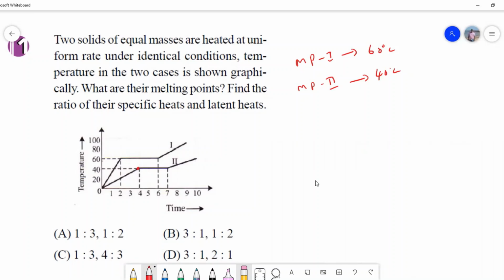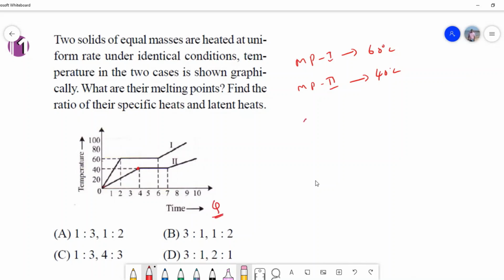So specific heat means here the slopes. We all know that energy and time are directly proportional. So here the time is given. If you take a graph of temperature versus time, energy supply and time are directly proportional.